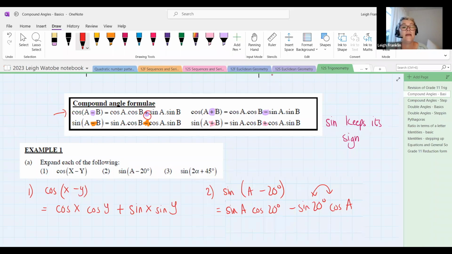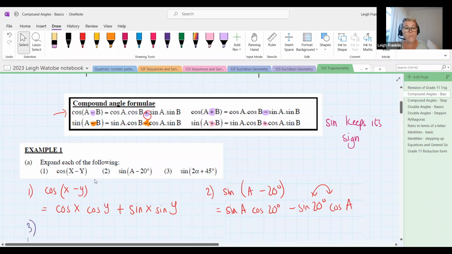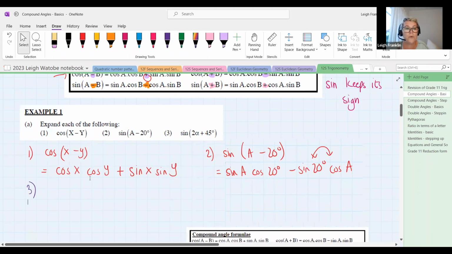Okay, let's have a look at number 3. Anybody feeling confident to tell me what we should write in number 3? Does anybody want to unmute and speak? What should we write in number 3? Let's go, Matrix.